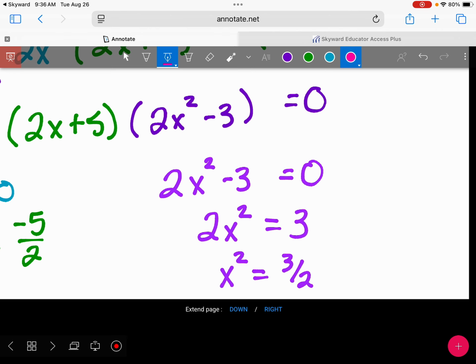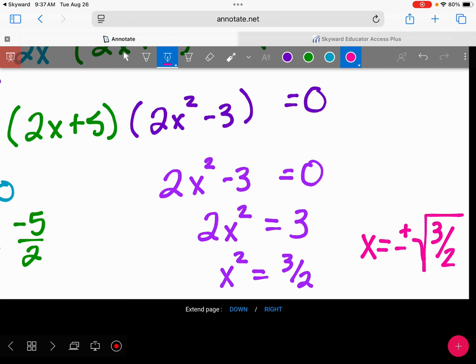And square root both sides. We're going to have x equals, whenever we square root, we put our plus or minus square root of 3 halves, square root of 1.5, however you want to do that. When we're looking at these roots, I'm not going to make you rationalize them.